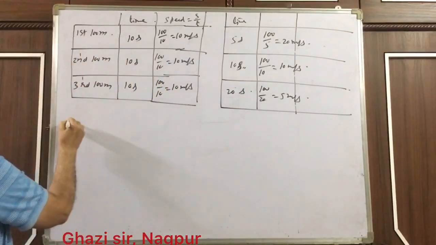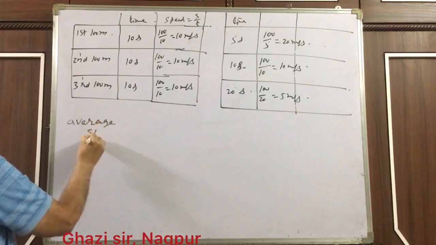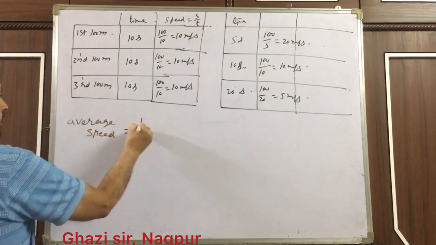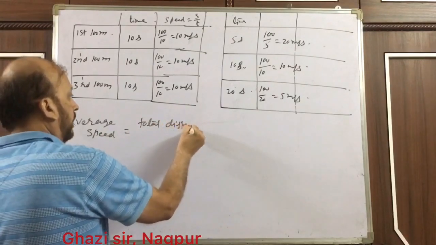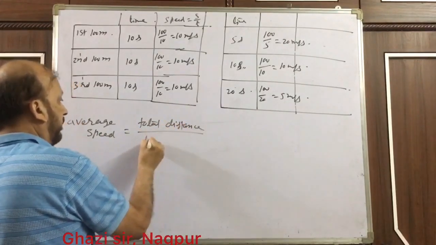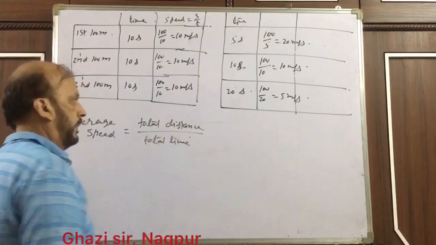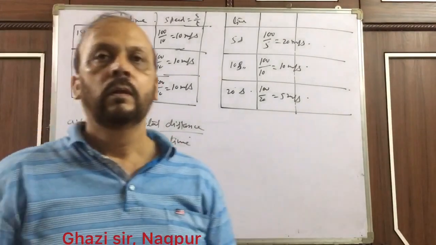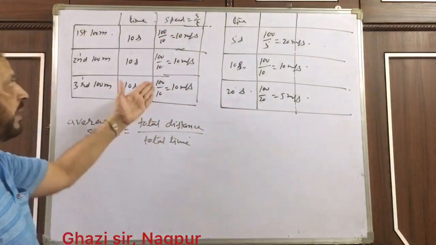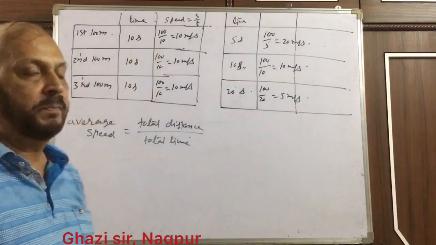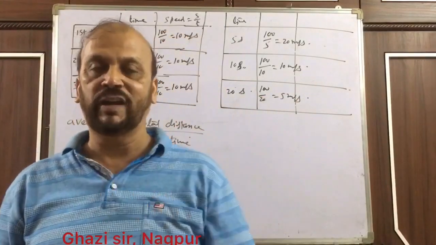For uniform motion, the speed is throughout constant, therefore average speed would be 10 meter per second.